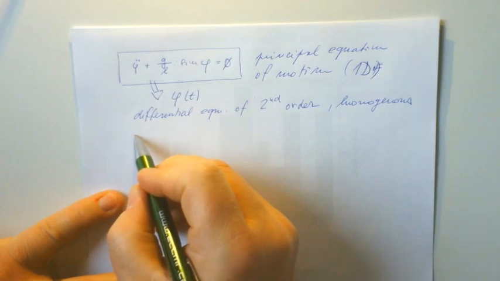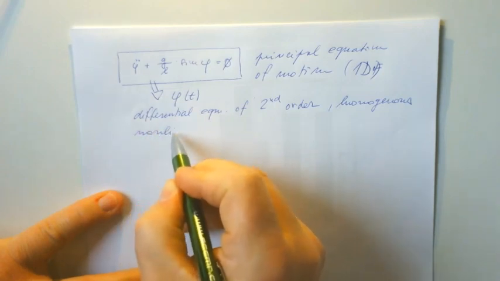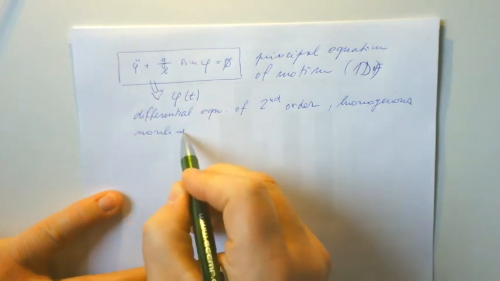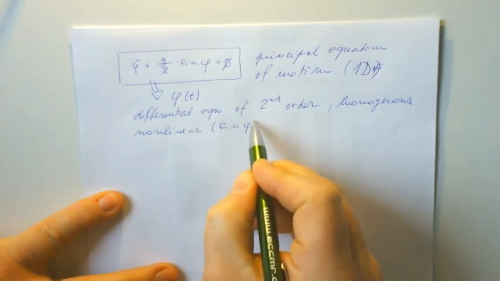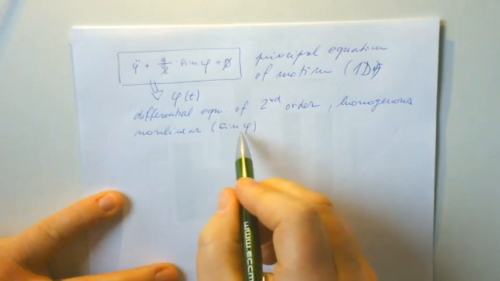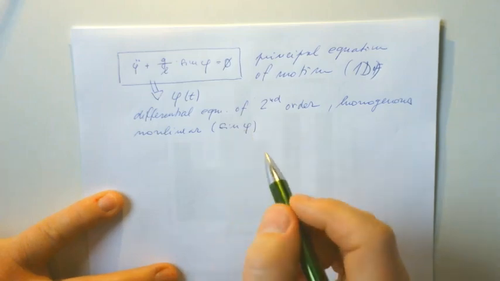And unfortunately it is non-linear because there is the term sine phi. The sine curve is not linear.